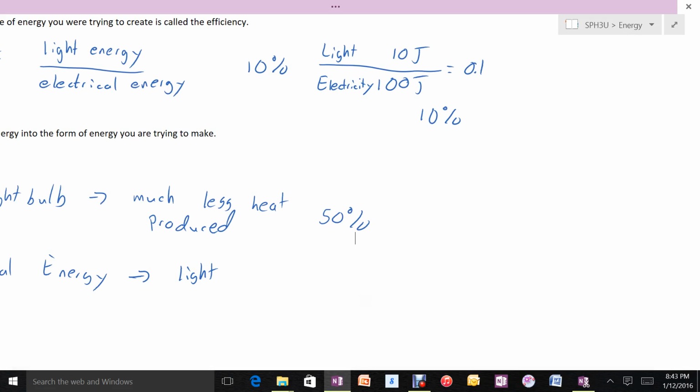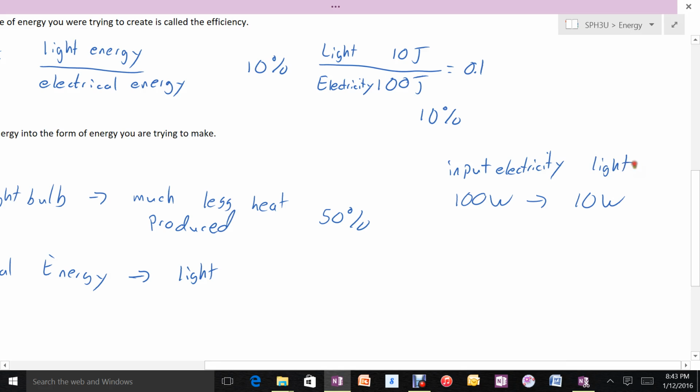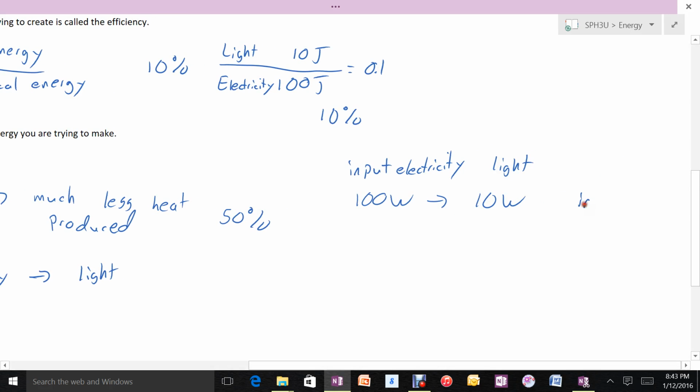What that means then is if we were putting 100 watts in and only getting 10 watts of light, 100 watts is your input electricity, and 10 watts is your light out, and this is for an incandescent light bulb.